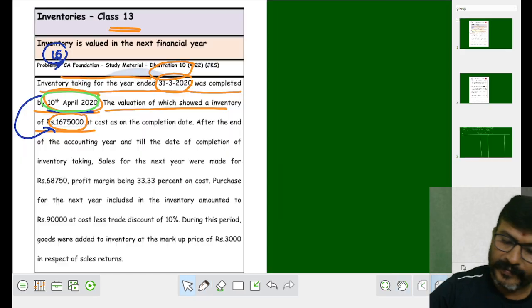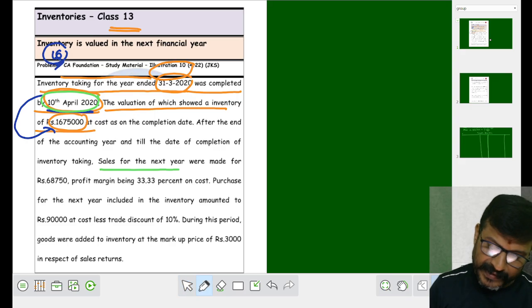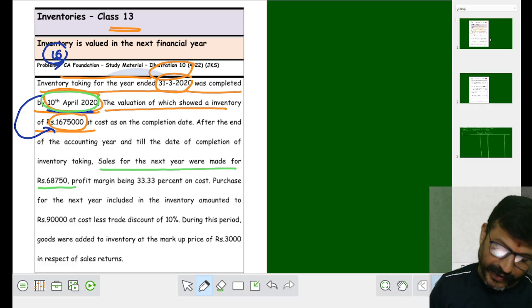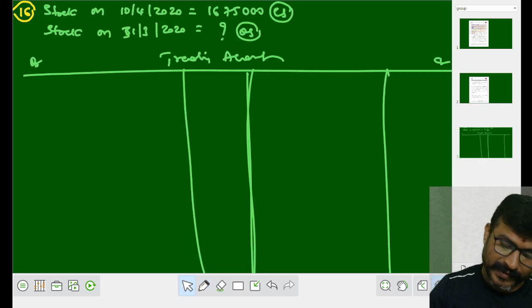Shall we start? See what happened in the problem. After the end of the accounting year until the date of completion of inventory taking, sales for the next year is rupees 68,750. Where to write? Sales, right?